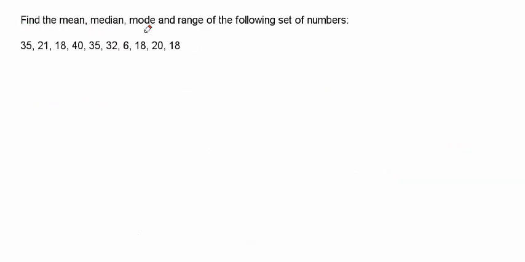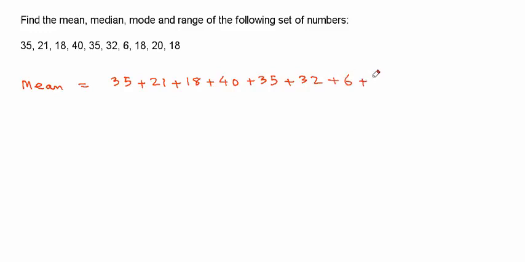Find the mean, median, mode and range of the following set of numbers. And we have the numbers here. To find the mean, we add up the numbers. So we do 35 plus 21 plus 18 plus 40 plus 35 plus 32 plus 6 plus 18 plus 20 plus 18.